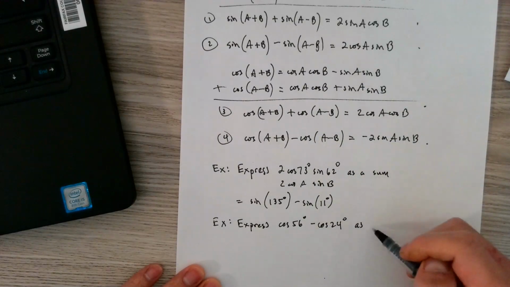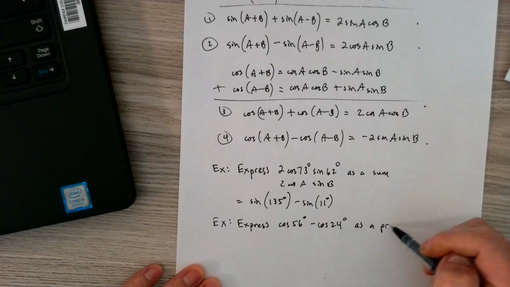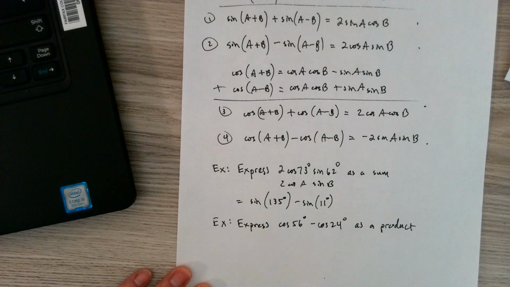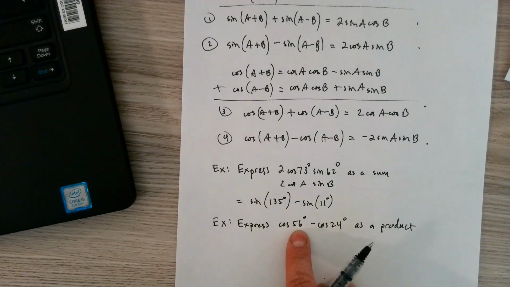Okay, now I have a sum and I'm trying to write it as a product. Okay, so remember in the sums, the arguments themselves are themselves sums or differences.